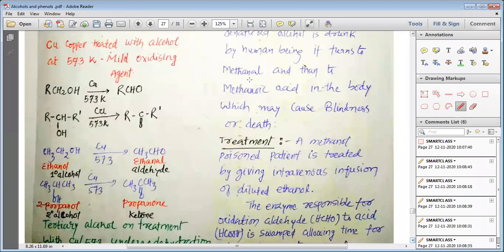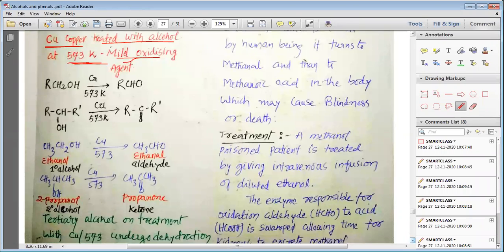We can even oxidize alcohol into the aldehydes and ketones with the help of copper metal. So if we take copper metal and heat alcohol at 573 Kelvin temperature, this copper in the presence of alcohol at 573 behaves as a mild oxidizing agent. It converts the primary alcohol into aldehyde, and secondary alcohol into ketone.